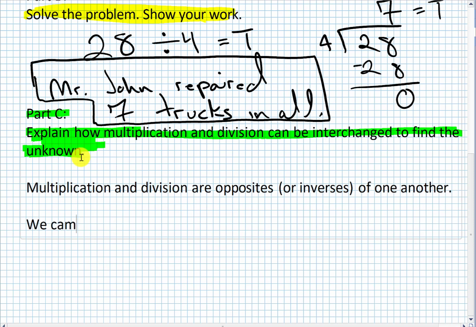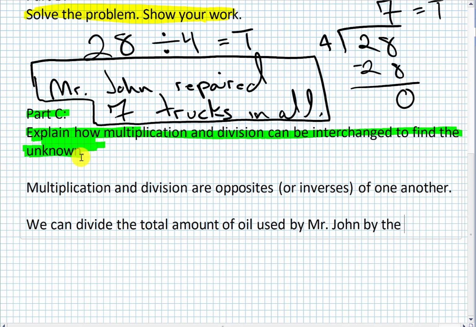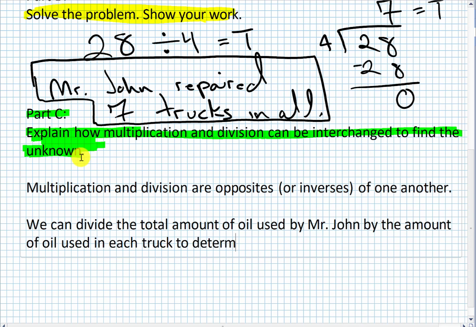We can divide the total amount of oil used by Mr. John by the amount of oil used in each truck to determine the total number of trucks.